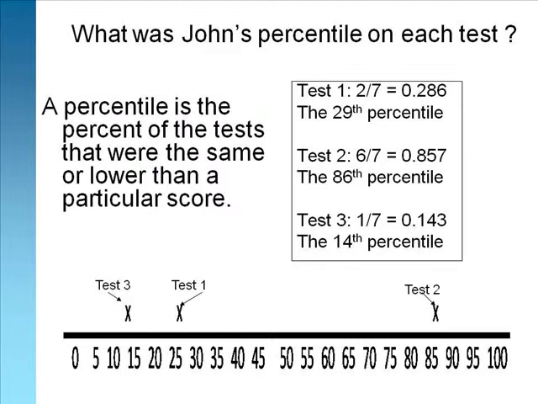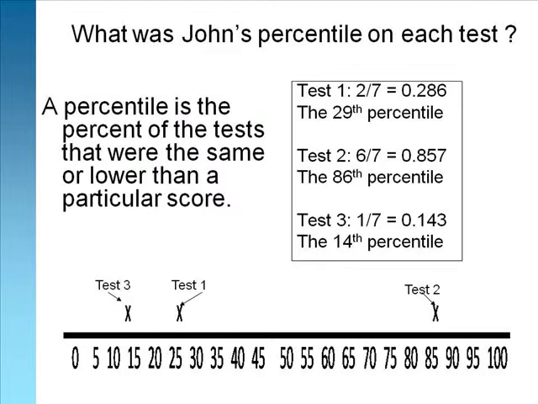Test 2, 6 scores were the same or lower than John's out of 7, which equals 0.857, the 86th percentile. Finally, on Test 3, there was only 1 score that was the same or lower than John's out of 7, which equals 0.143, the 14th percentile.